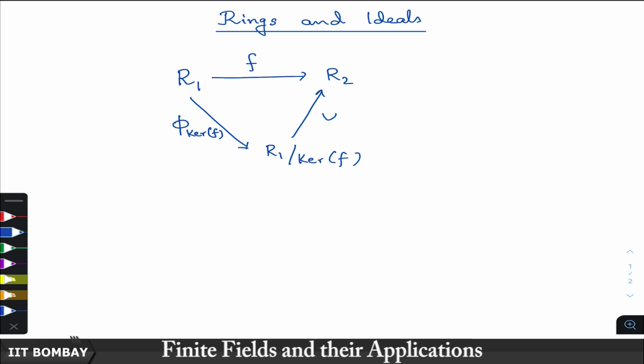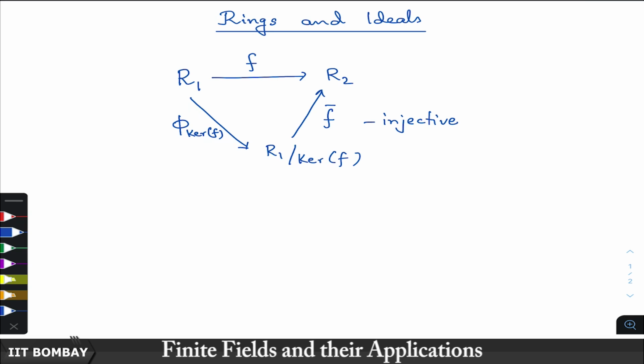which we call F bar. This is injective. If F is an onto ring homomorphism, or surjective ring homomorphism, then this becomes an isomorphism.